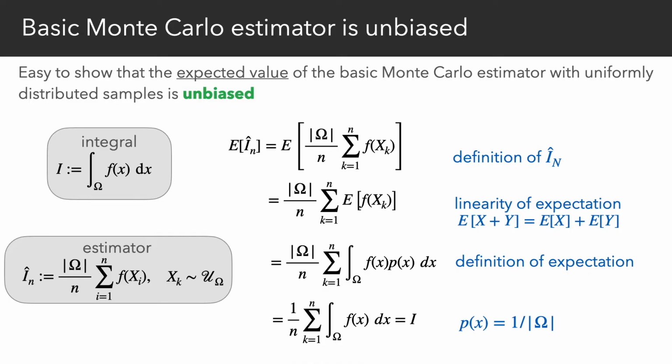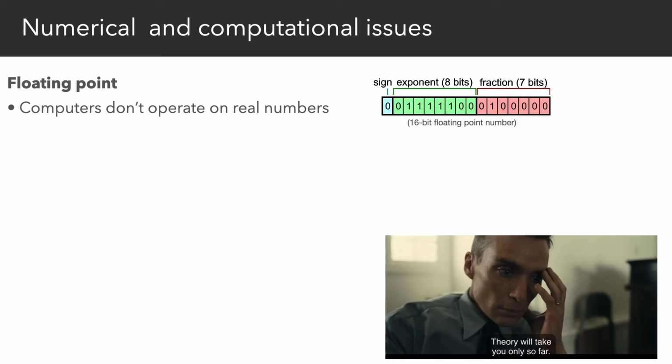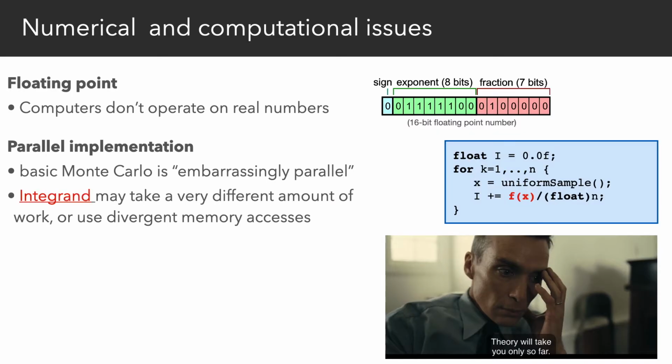While this shows that our estimator is correct in a formal sense, there's still much more to Monte Carlo integration that we need to be careful about. For instance, computers operate on floating point numbers, and so we need to make sure that our algorithms are numerically stable. We also mentioned earlier that Monte Carlo methods are potentially powerful because we can evaluate them in parallel.